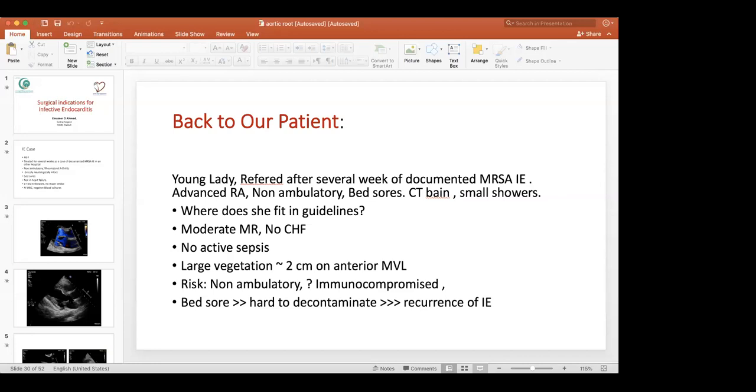Is there a window to take her within 1 or 2 days before it becomes hemorrhagic? I mean, the ischemic stroke that she had, which was most likely from the vegetations. So if the patient has an established class 1A indication for surgery and he strokes, exactly. Yes, that's the question.